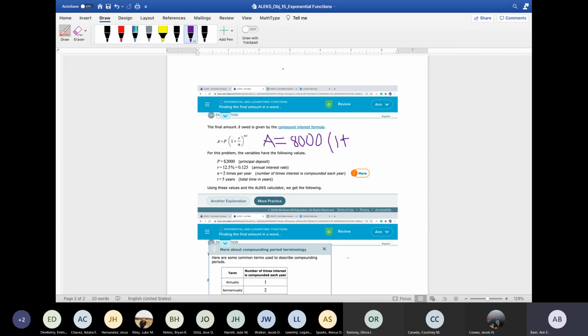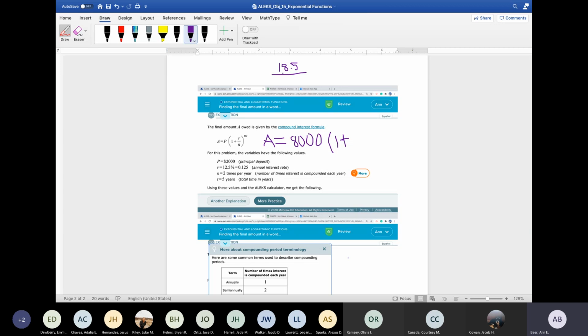18.5%. So my preferred way that I like to do it is I like to take the 18.5 and divide it by 100. Since per that percent sign, I'm going to take it off because I know it means parts per 100.